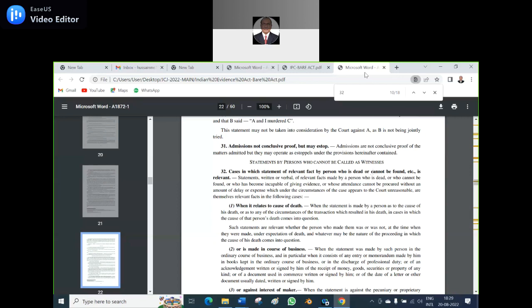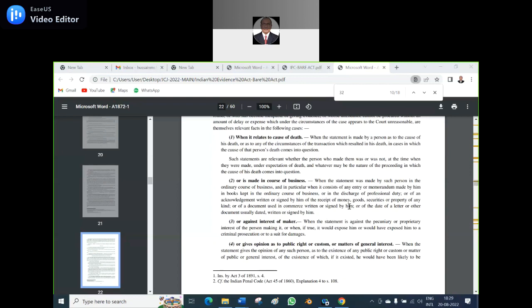If you closely watch, the one is in italics. It gives a sense it is not subsection 1, it is clause 1. So section 32 clause 1, when it relates to the cause of death, is when the statement is made by a person as to the cause of his death or as to any of the circumstances of the transaction which resulted in his death, in cases in which the cause of that person's death comes into question.